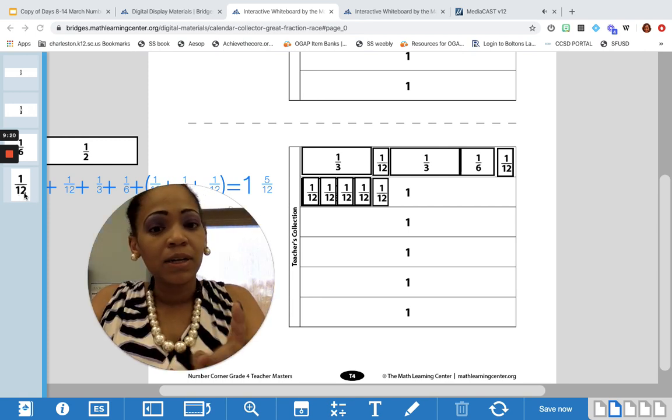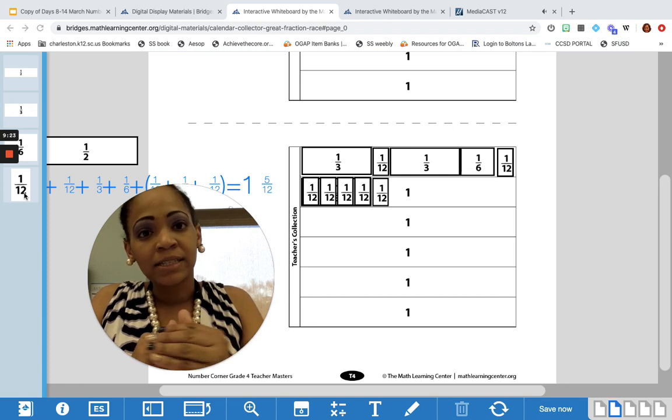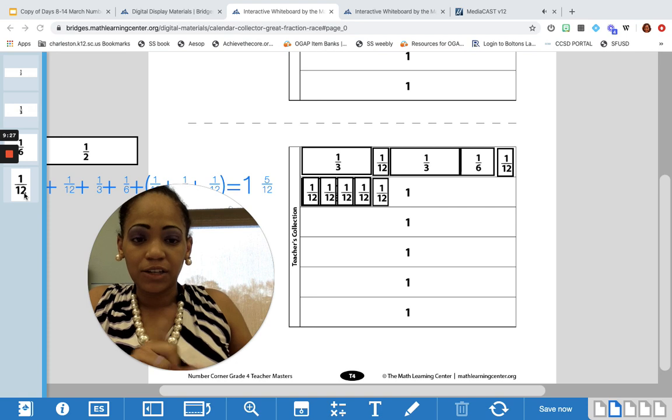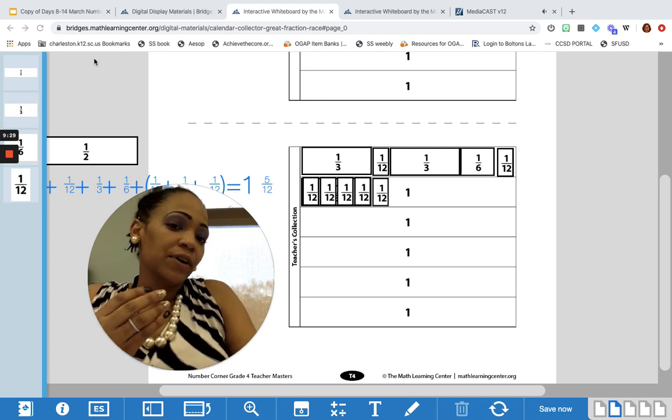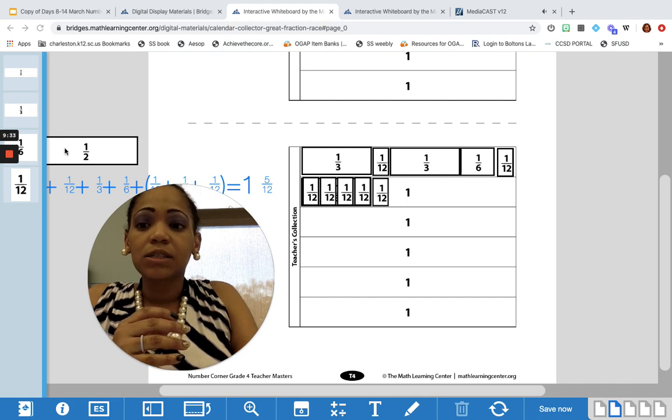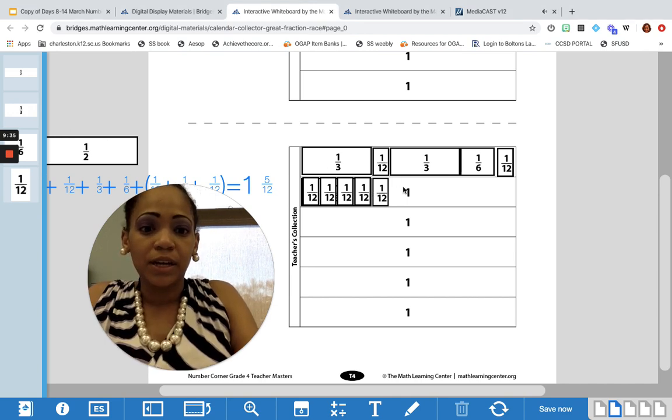So I'm going to go backwards. With you guys, I added your bigger fractions and then put your smaller fractions. But because I have already filled in another fractional piece of a whole, I'm going to go ahead and add another 12th here.